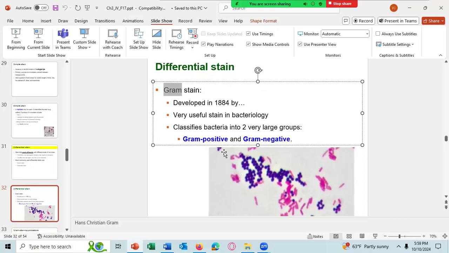So Dr. Gram was using it as a differential stain to differentiate the patient's cells from the bacterial cells. But microbiologists noticed that it was a differential stain separating all bacteria into two large groups, the Gram-positive cells, which stain purple, and the Gram-negative cells, which stain pinkish.